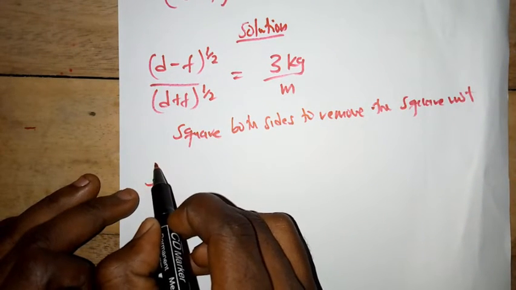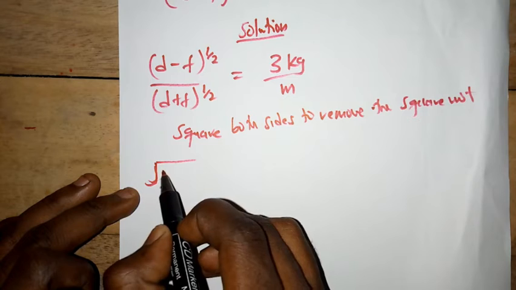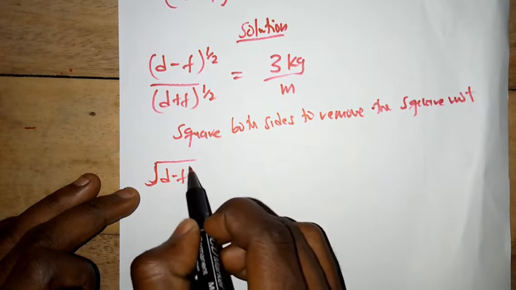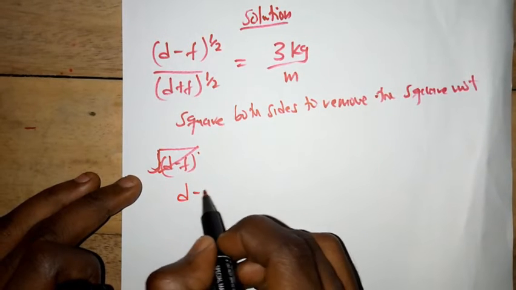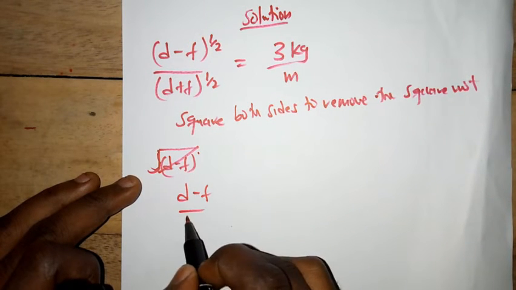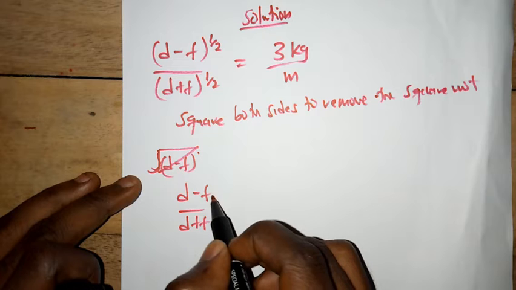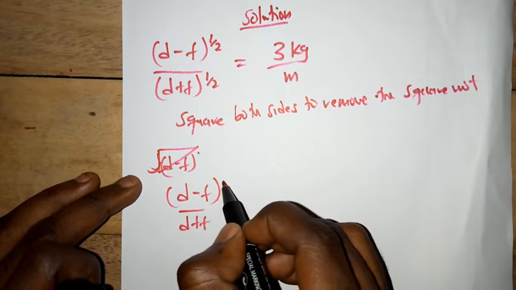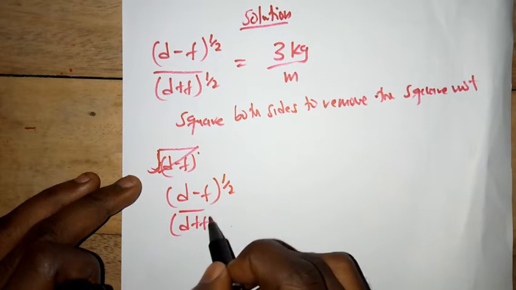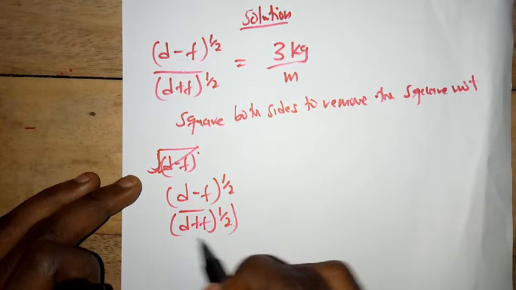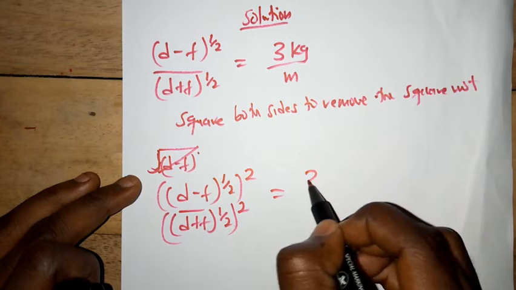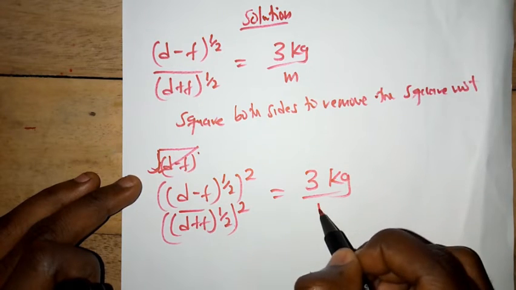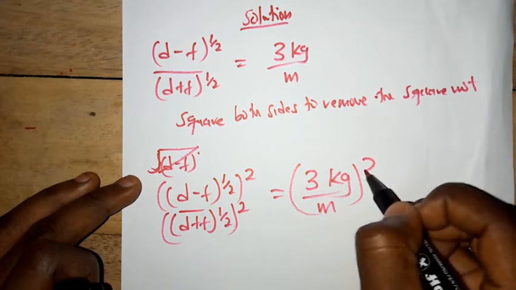So I square this side, D minus F here, and then D plus F here. So if this is that, what I can do is to square here. Then I have 3kg here all over M squared also.